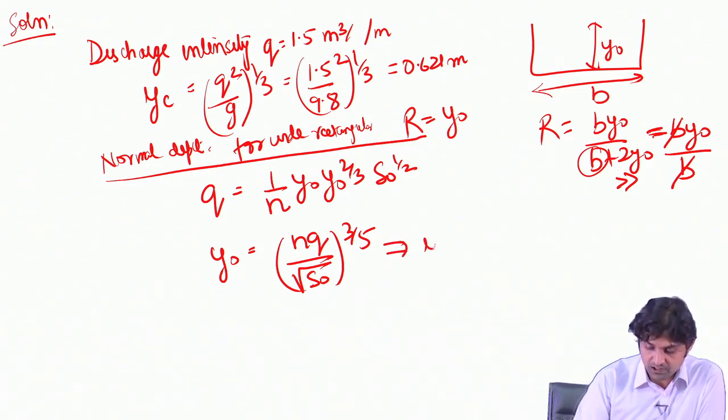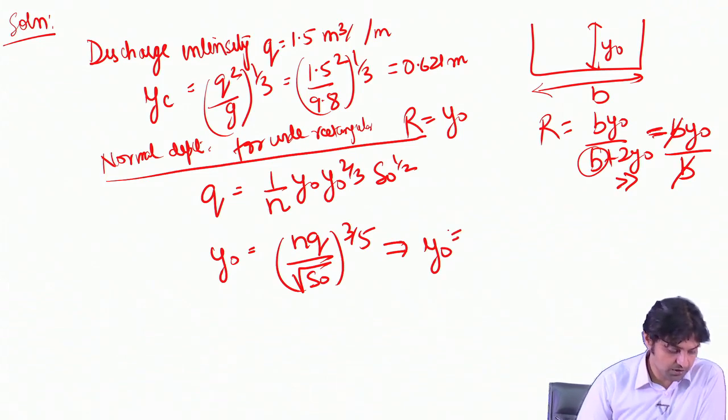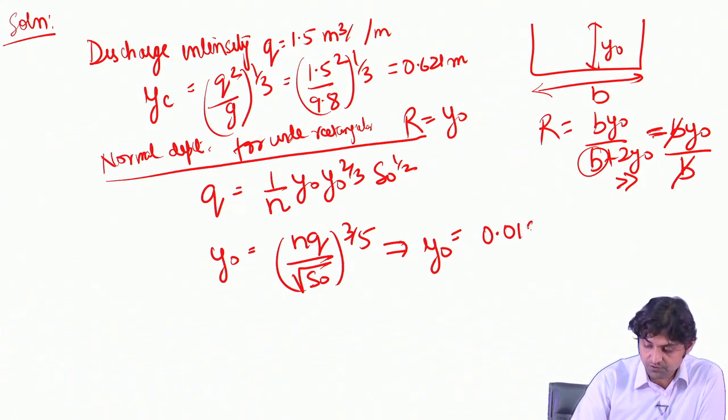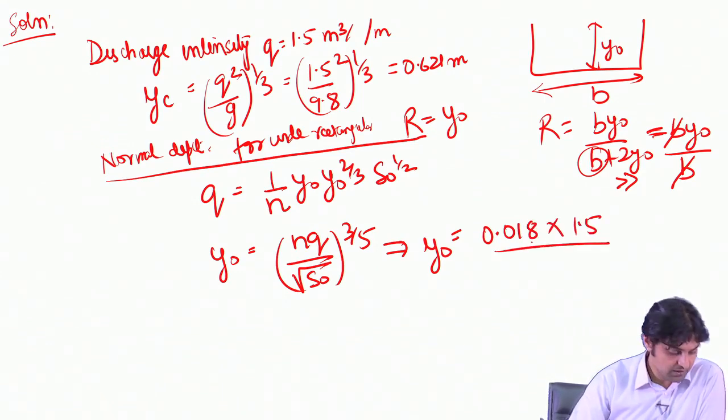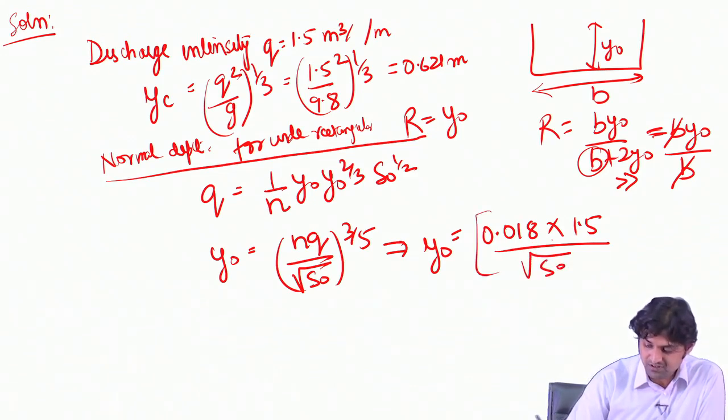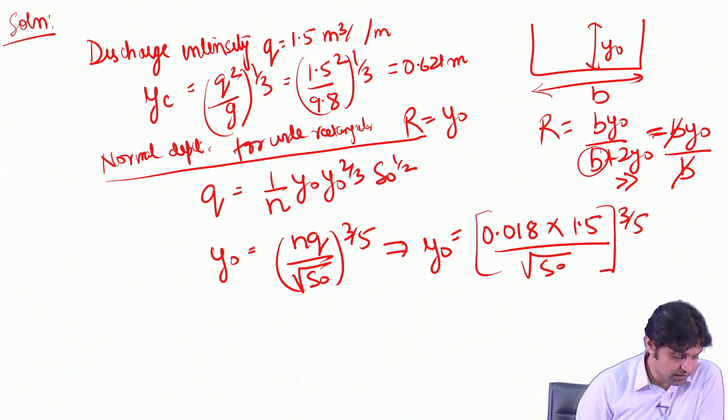So, this implies y naught is going to be, we just substitute the value n as 0.018, small q was given as 1.5, and this under root S naught.